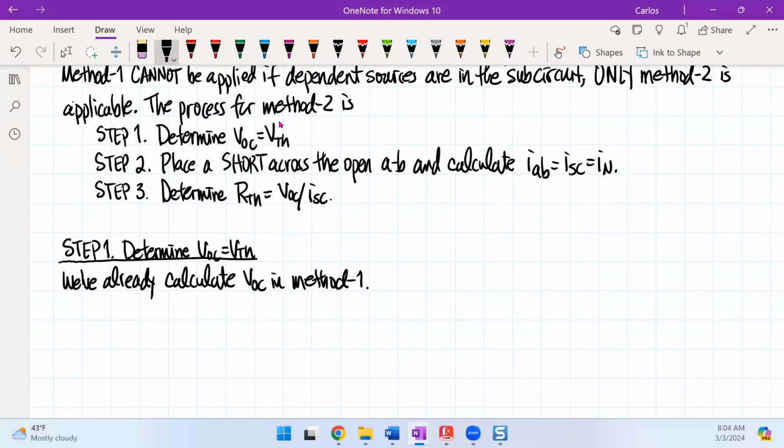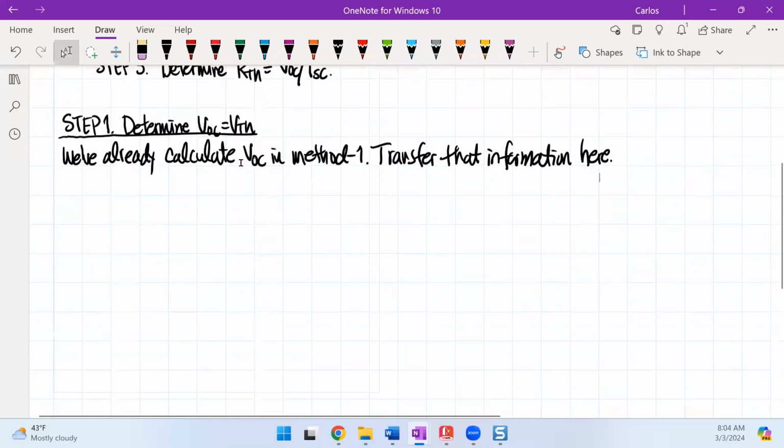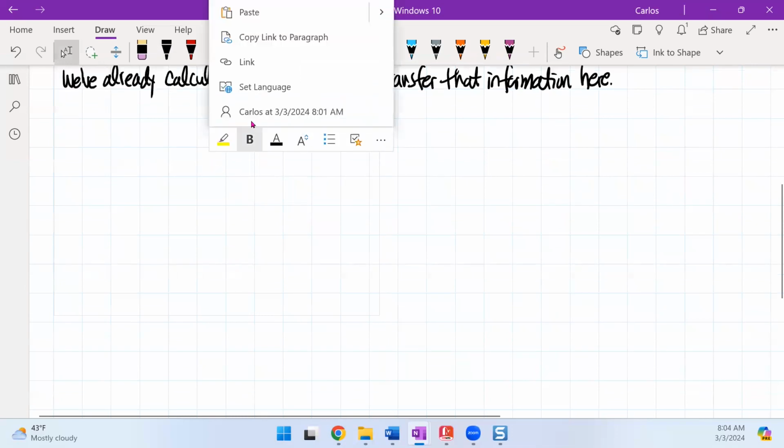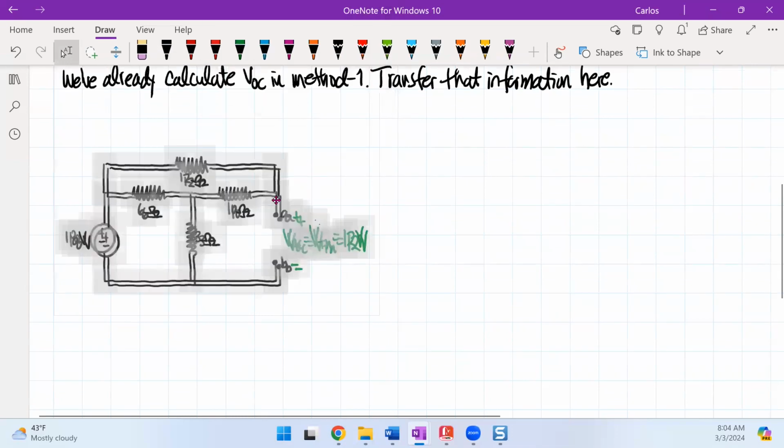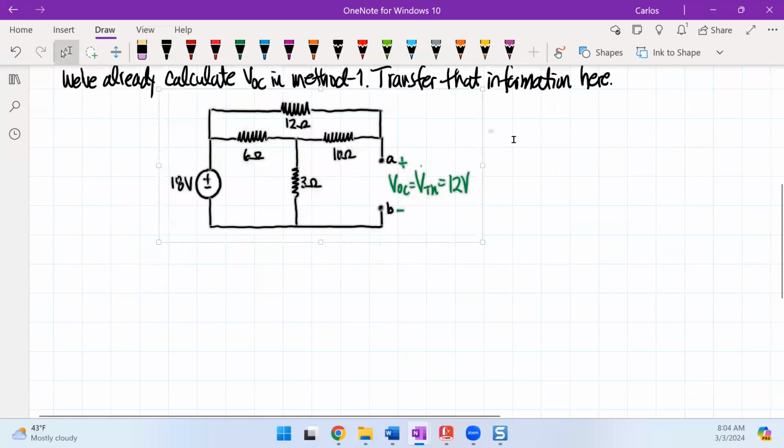So I'm going to transfer that information here. So if I place my circuit here, this is what we did in our previous method. So we're done with VOC.